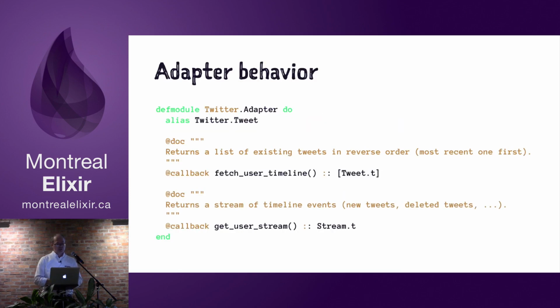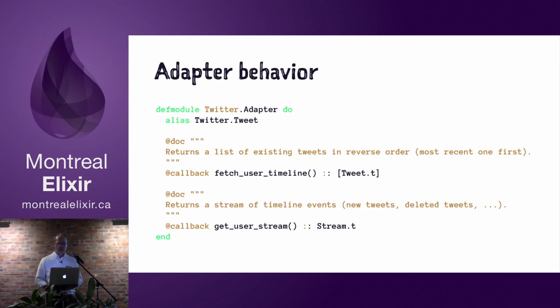We also need to define a behavior. This is the adapter behavior we're going to be using. Like I said, the adapter has two responsibilities: fetching the user timeline and getting the user stream. This is the typespec notation. Typespec is a way to define the specification of functions.